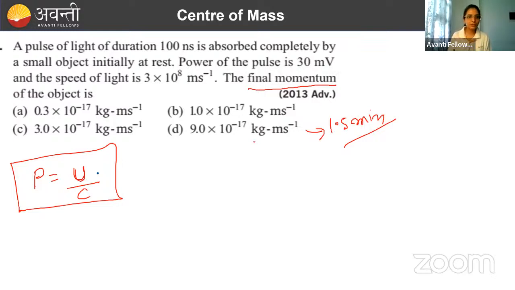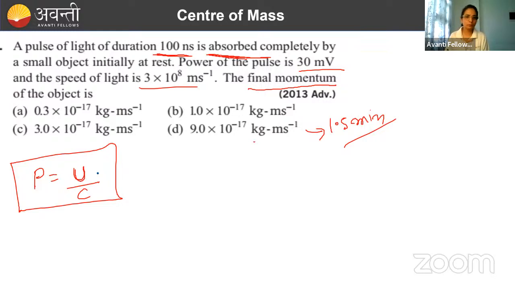What is given here: a pulse of light of duration, that pulse is how much, 100 nanosecond. The power of the pulse is how much, 30 millivolt. The speed of light is given. The light is getting completely absorbed. In case of complete absorption, what will happen? We are only asked for the final momentum, right? If light is getting completely absorbed, then no other concept is needed here actually. You just need to see how much energy of light is falling over the object.